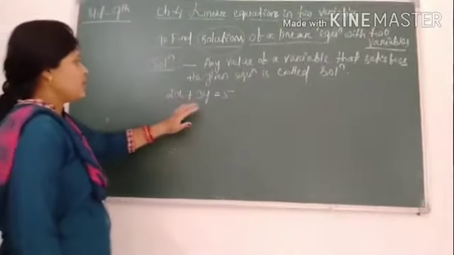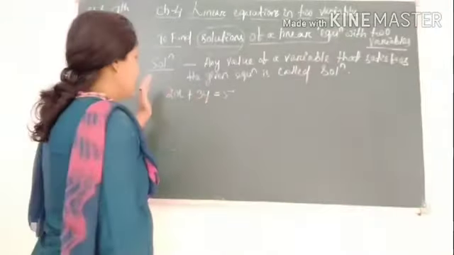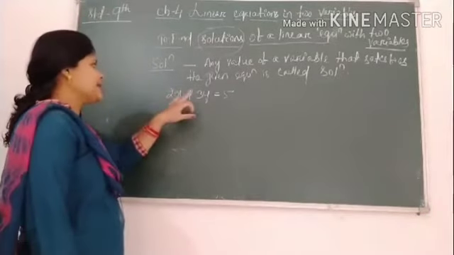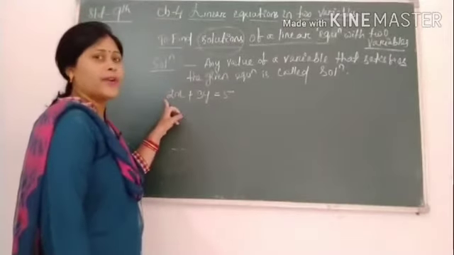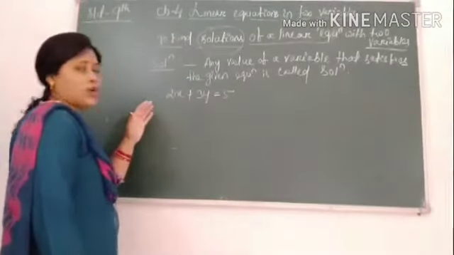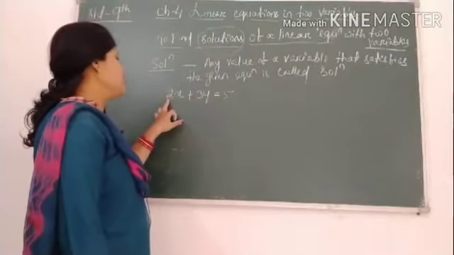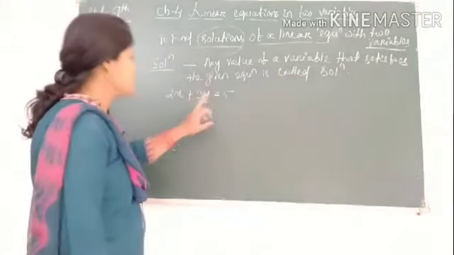Got it? So after that, what I have to do here, I have to find x in terms of y or y in terms of x. Which one is easier? We can choose. This is your choice. So here I am going to find the value of x in terms of y.